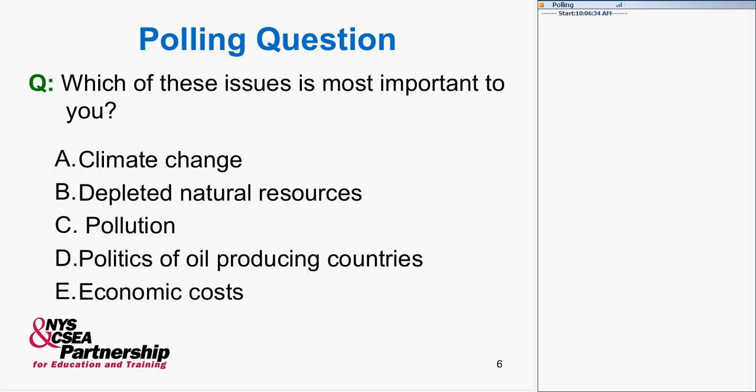You will notice, folks, that when you participate in the poll, the participant panel and the chat panel collapse. When you're done answering the poll, just click on the small blue triangle next to both of those items, and they'll reopen for you. They haven't disappeared. They just got squished because the polling question opened. I have a few answers still rolling through, so I'm going to keep it open just a couple more seconds here, Tom.